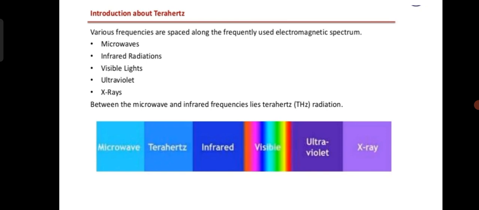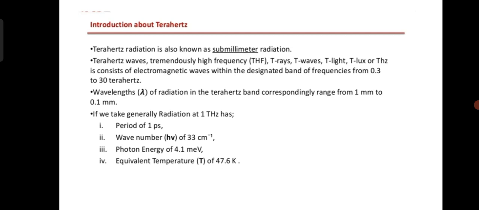In a similar way, terahertz is also a radiation which has 10 power 12 Hz frequencies. We can find it between the microwave and infrared frequencies. Terahertz is also known as submillimeter radiation, and terahertz waves have tremendously high frequency and are known as T-rays, T-waves, T-light, T-lux, or terahertz.